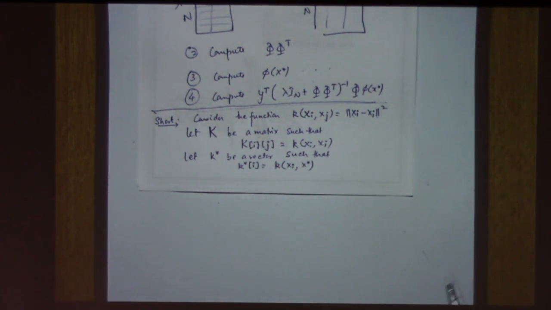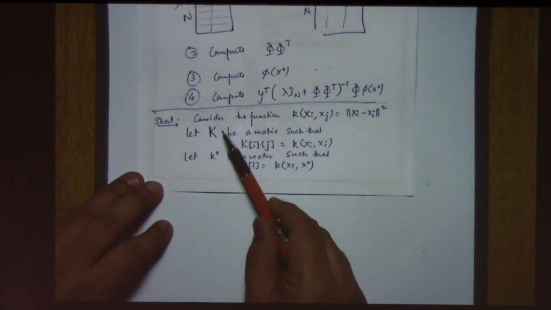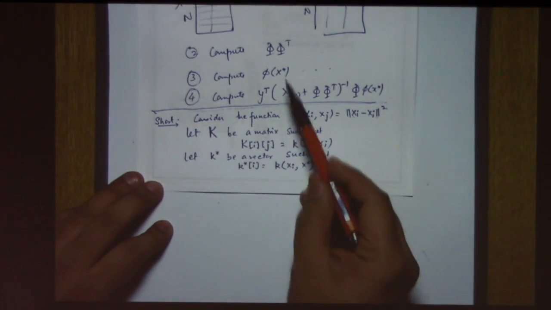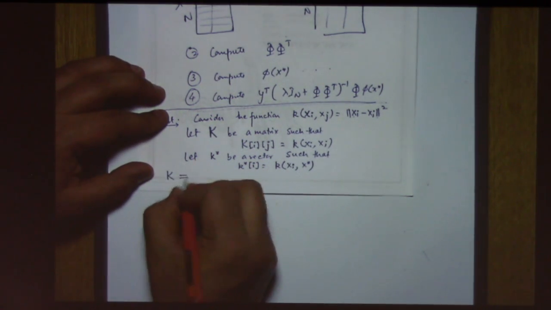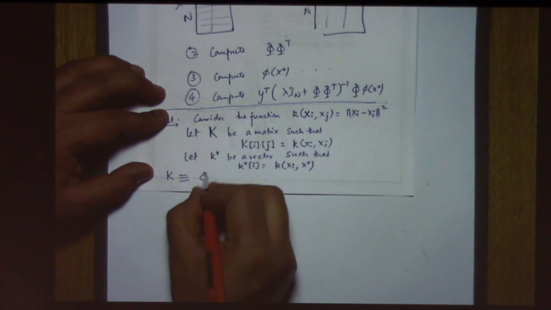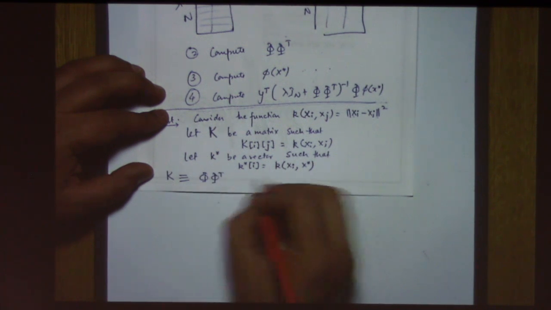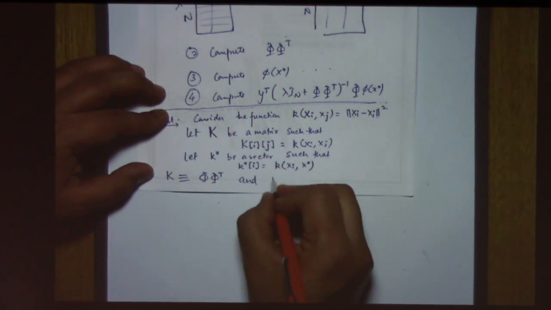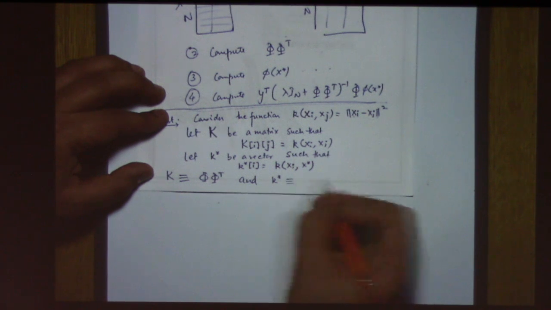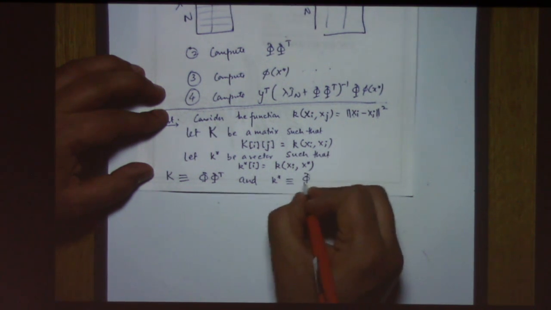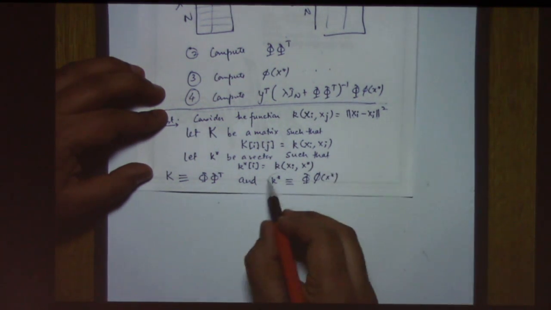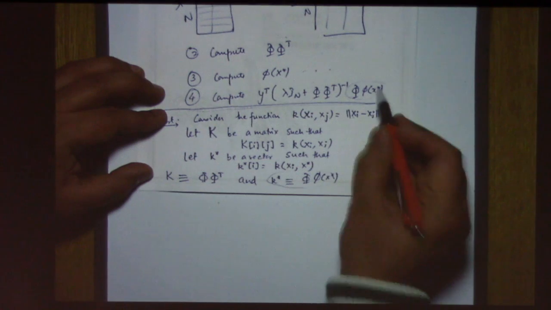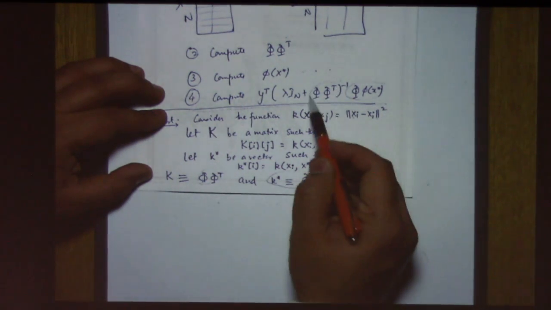So what happens now is that K is the same as this, and k star is nothing but your phi of x star. So this is nothing but this part, and this is nothing but this part.